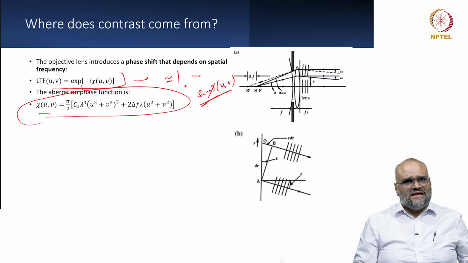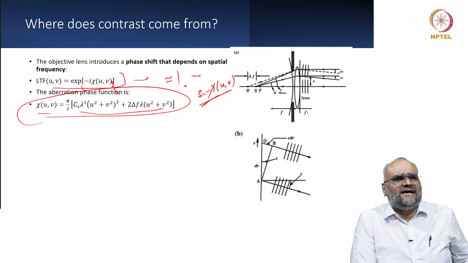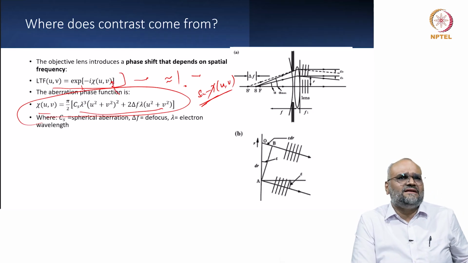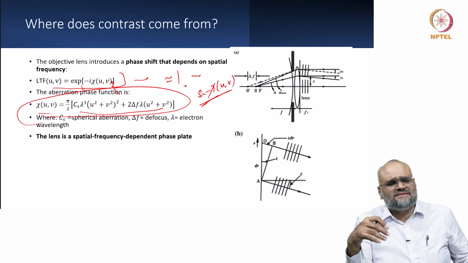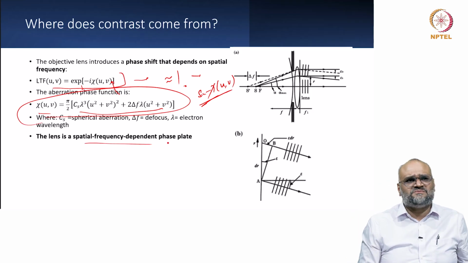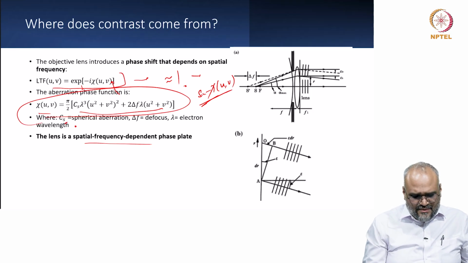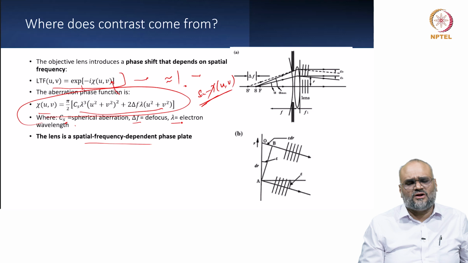If I use this expression in an exponential term and look at the complex function, you can think of the lens as a spatial frequency dependent phase plate, and it strongly depends on the spherical aberration, the defocus, and the electron wavelength.